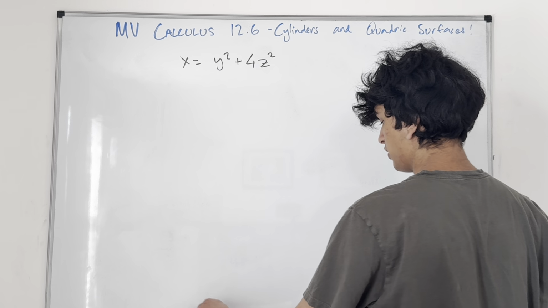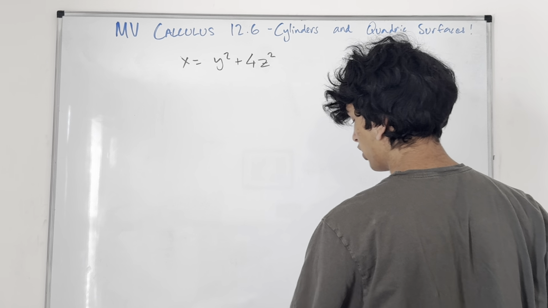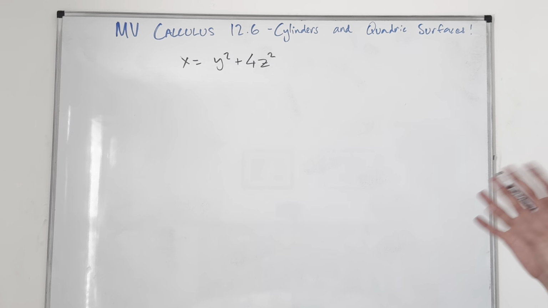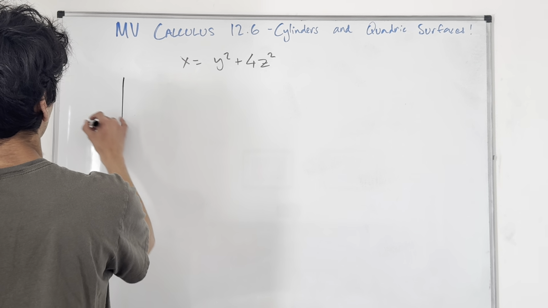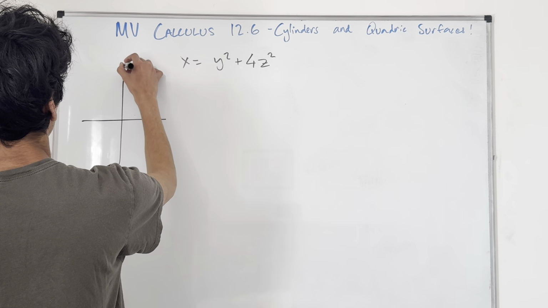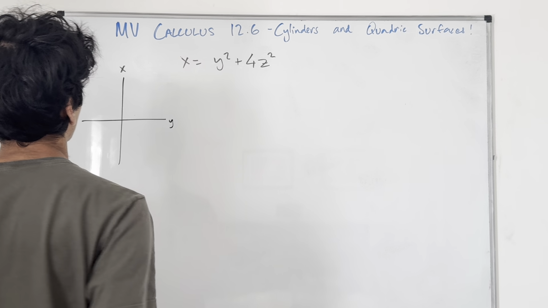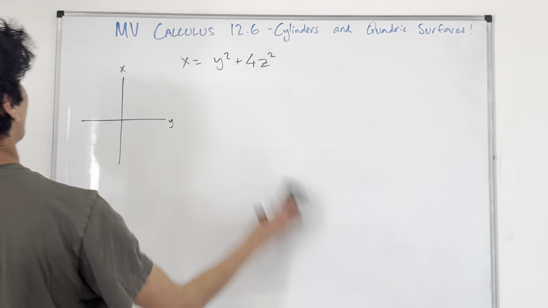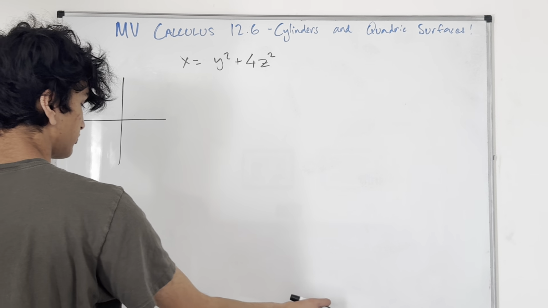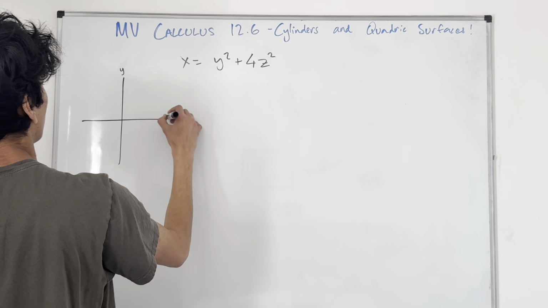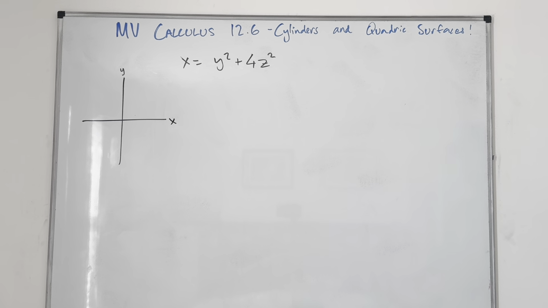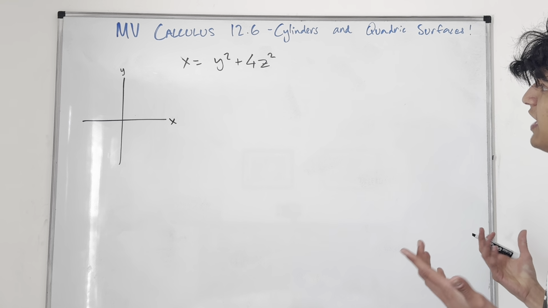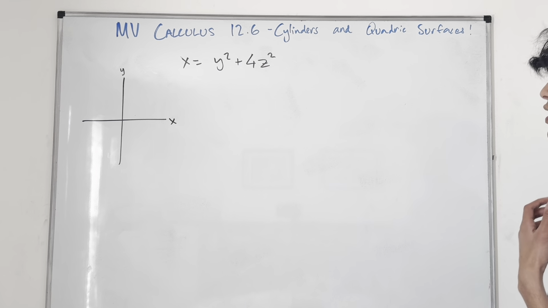We want to see, well, hey, what would the graph look like if we're only looking at the xy plane? So for the xy plane, let's take the case when z is equal to 0, right?